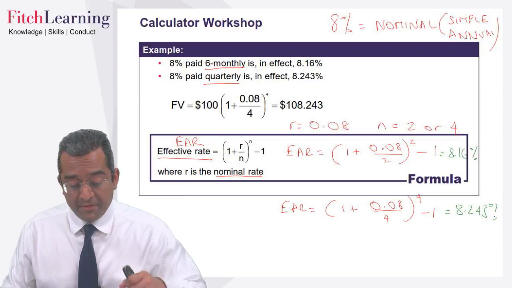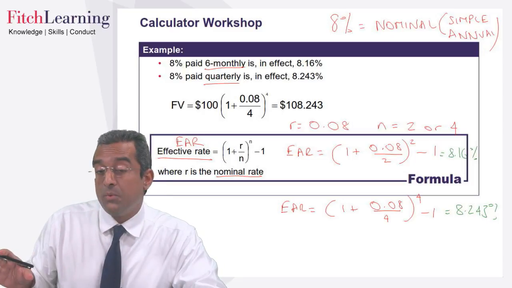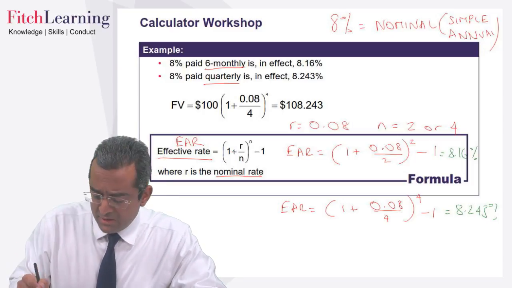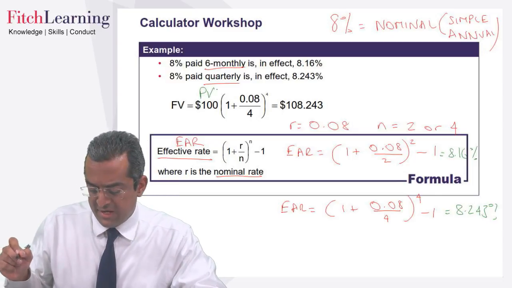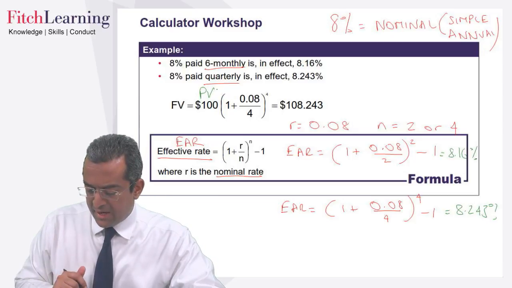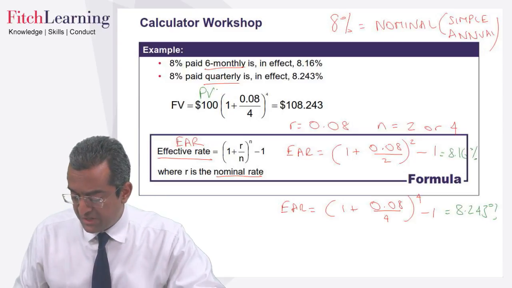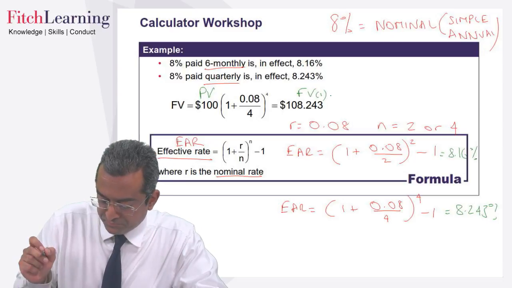And of course, the thing about the effective rate is, once you have it, you can use it to basically work out the end of year. If you want to say a present value of $100 is going to be put into a deposit account and earning 8% paid 4 times across the year, what is the future value going to be at the end of the year? This is actually at time 1.